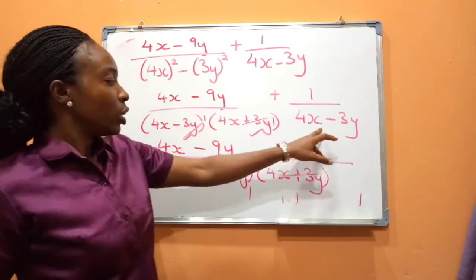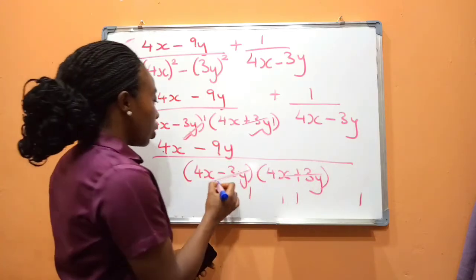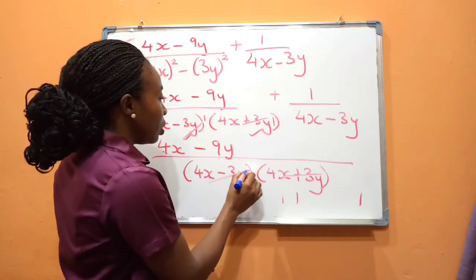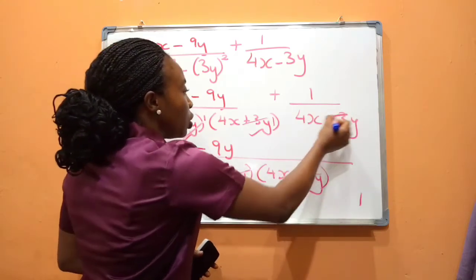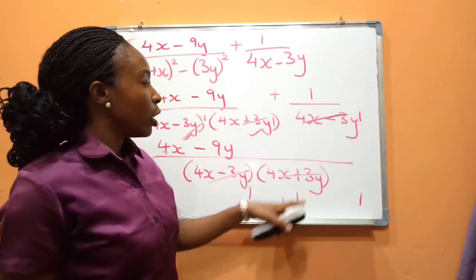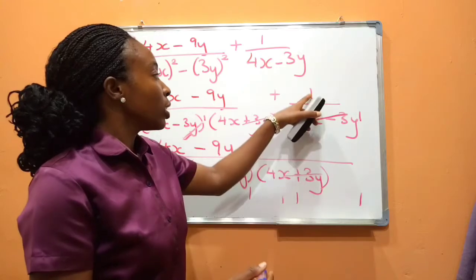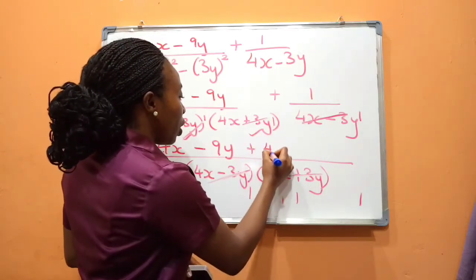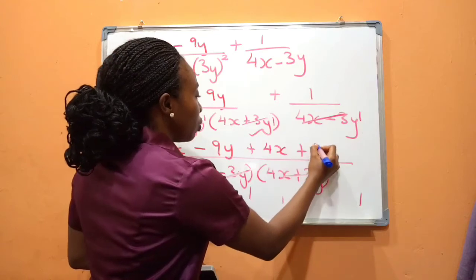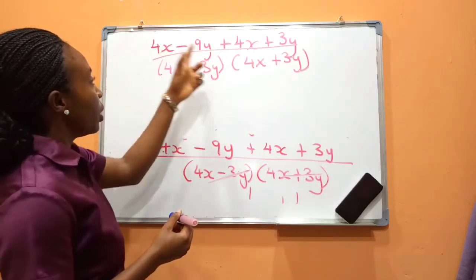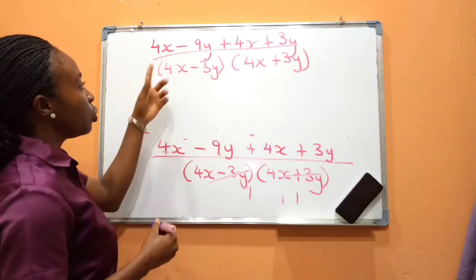So let's look at this one. In this one, we are going to have 4x minus 3y dividing this one. This is going to cancel out. So we are left with 4x plus 3y. So 4x plus 3y times 1, we are going to have plus what? 4x plus 3y. So the next thing we do, let's collect like terms at the numerator.